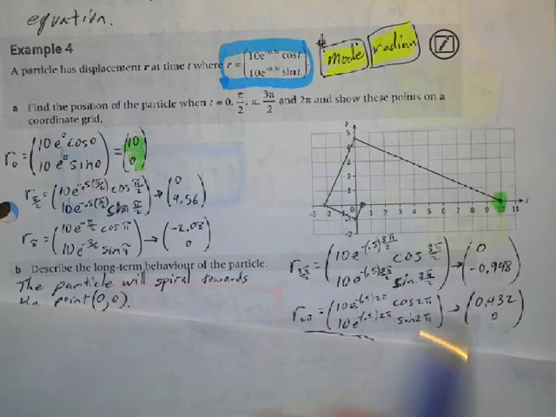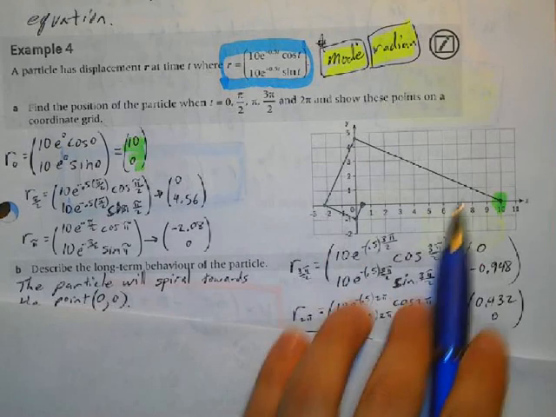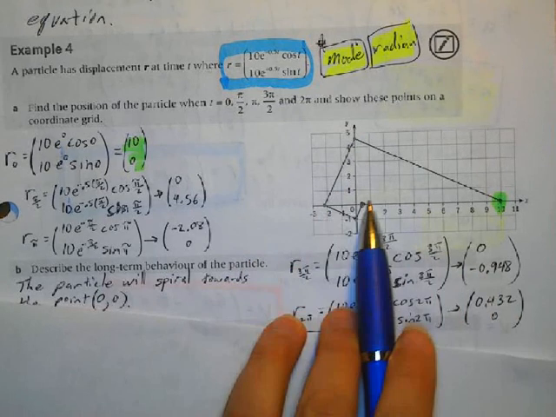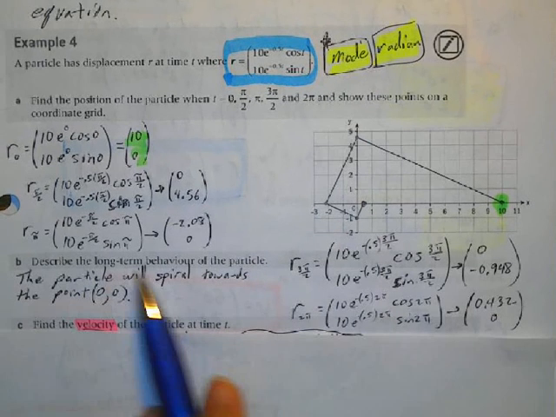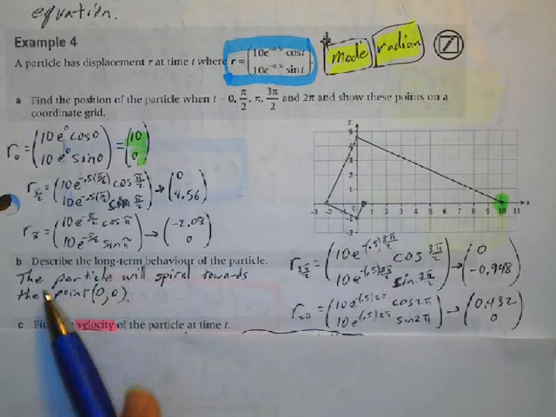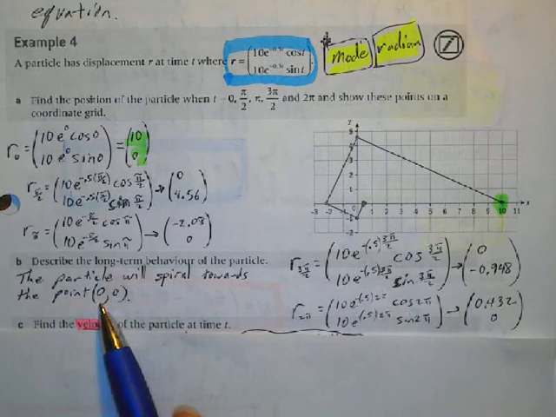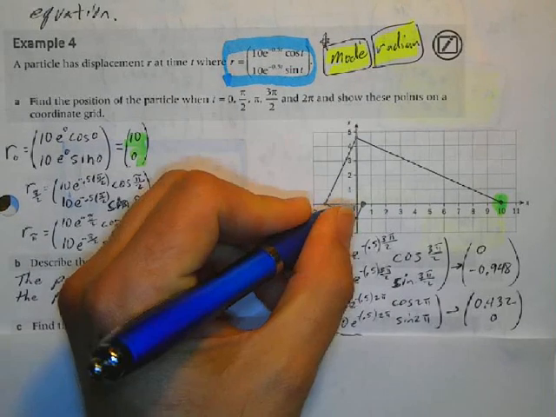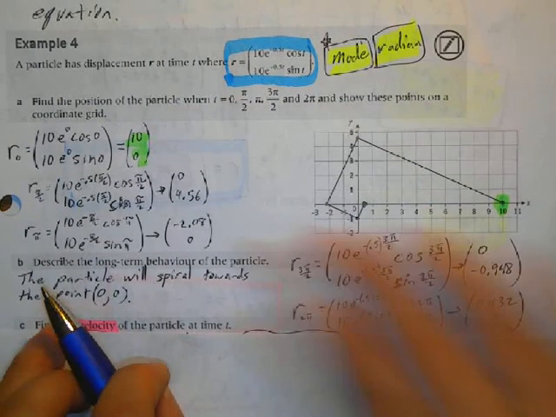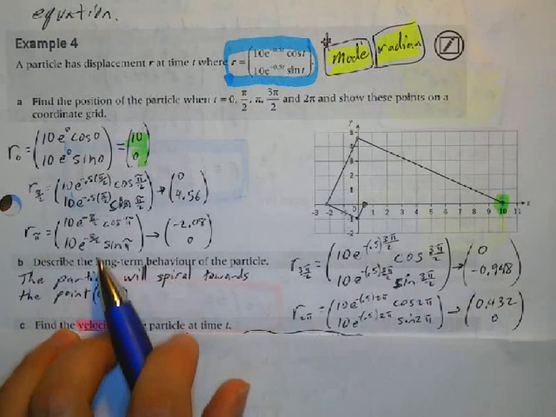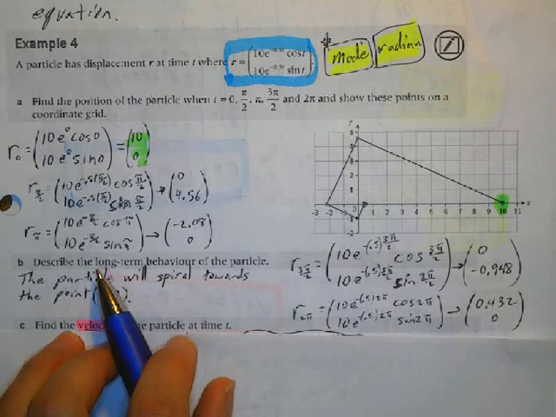If I plot those coordinates, you're going to notice it's moving around like this, and it's going to spiral in, doesn't it? So in the long term, what is the behavior that's happening? The particle is going to spiral in towards the origin right there. Like I said, if you copy some of it down, at least you can get an idea of what's happening.